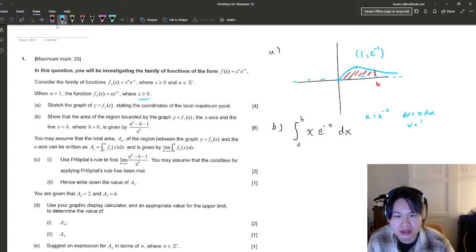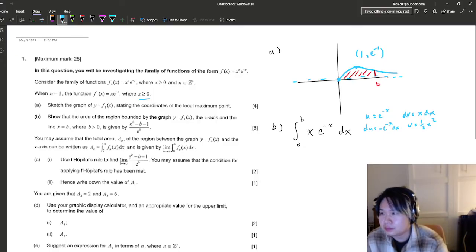So v is 1/2 x squared, du is negative e to the negative x dx. Okay. Right? Is there any other way I can integrate this? I don't think so.